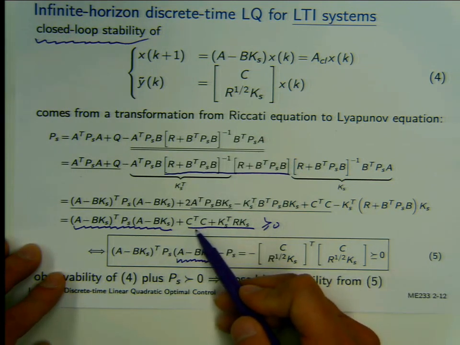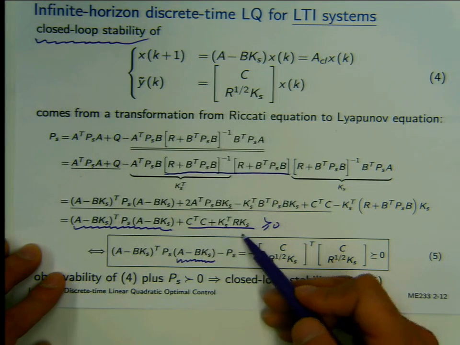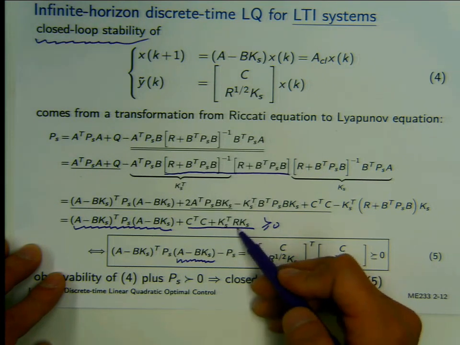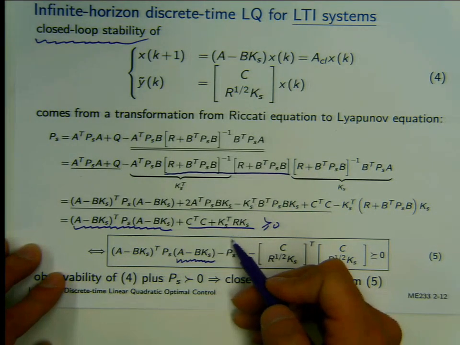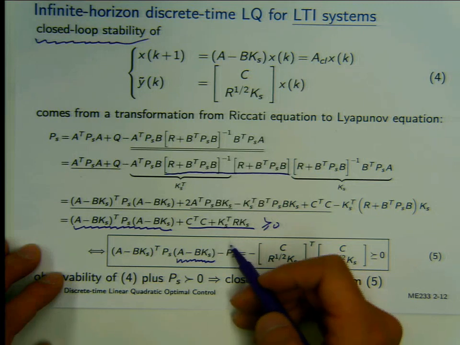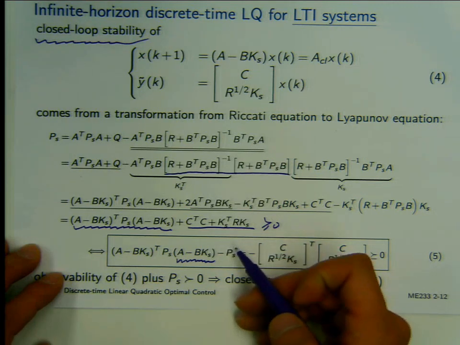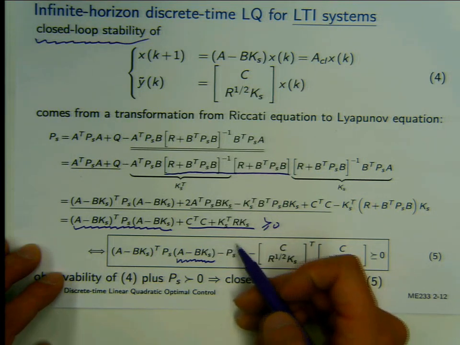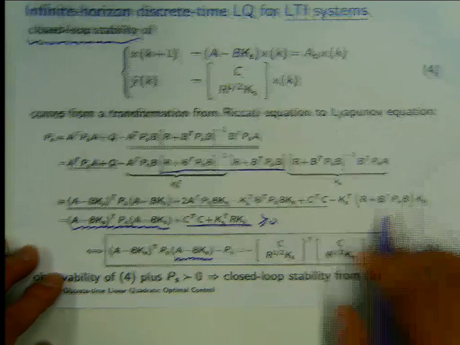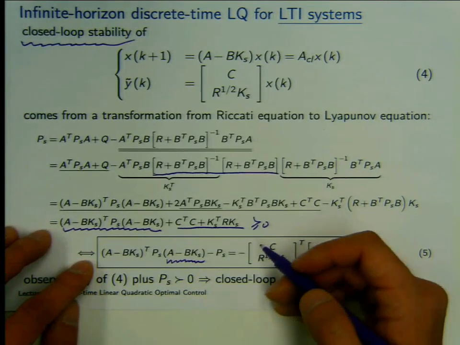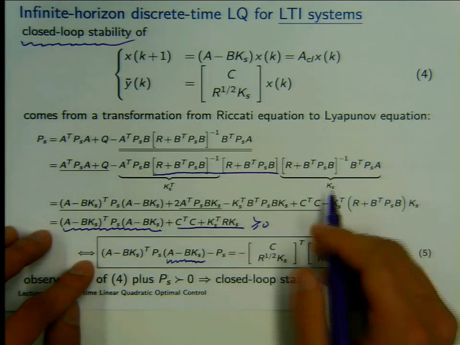Positive semi-definite. Not quite. This one is positive semi-definite. R could be zero. R cannot be zero. R has to be positive definite. So this term is positive definite. No, this one still can be positive semi-definite. Think about this. I'll give you one example. KS could be zero. Because KS can mess up things.